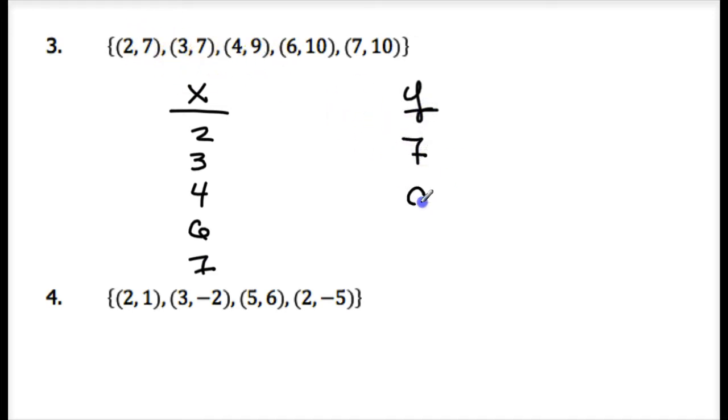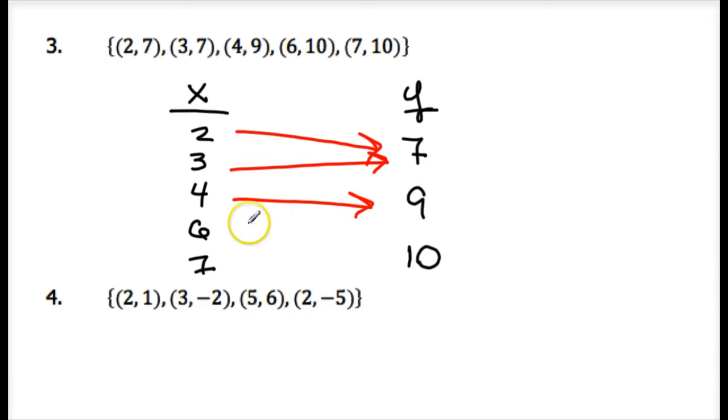I have a 9, and I have a 10. So let's do our mapping diagram like we did in the last video. 2 corresponds to 7, 3 corresponds to 7, 4 corresponds to 9, 6 corresponds to 10, and 7 corresponds to 10. So is this relation a function?